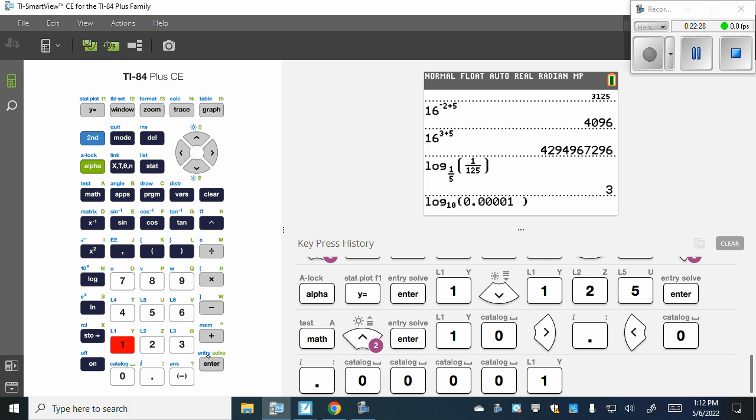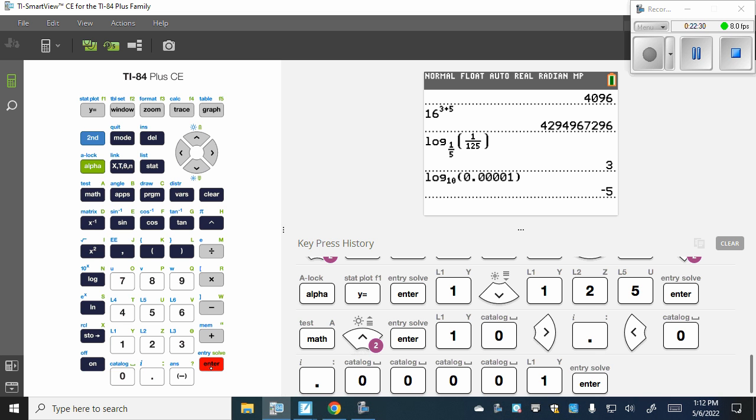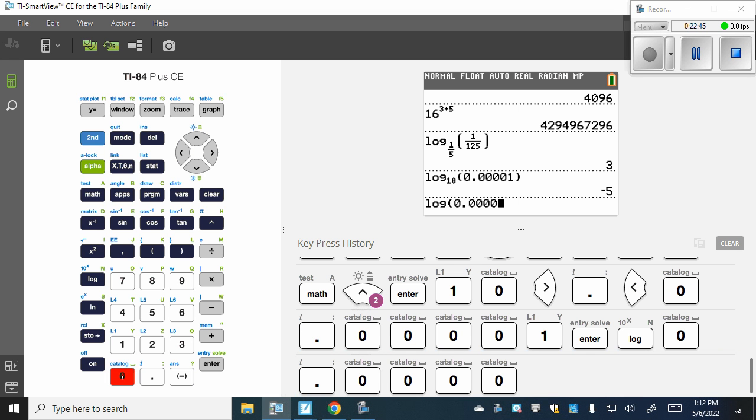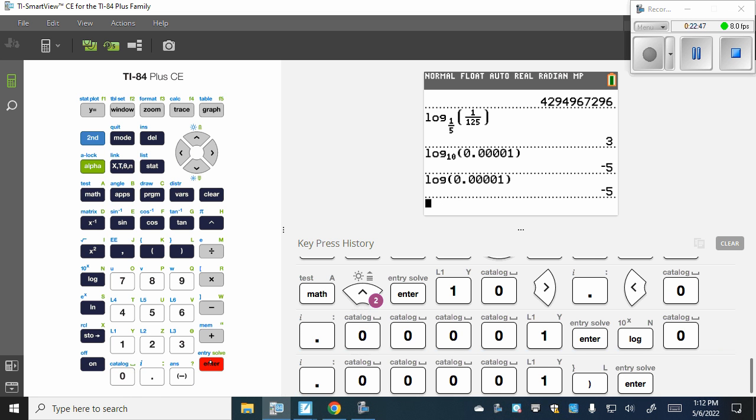Enter. Try again. It is negative 5. Now, the understood base of any log is base 10, yes? So we could have actually just used the log button with 0.12341, because if it's the log button, the base is understood to be 10. It's one of our common logs.